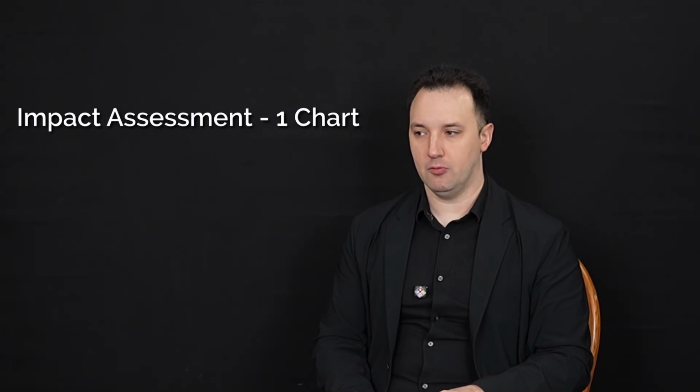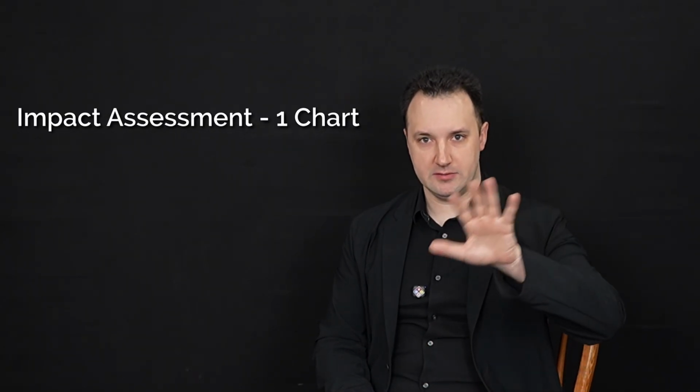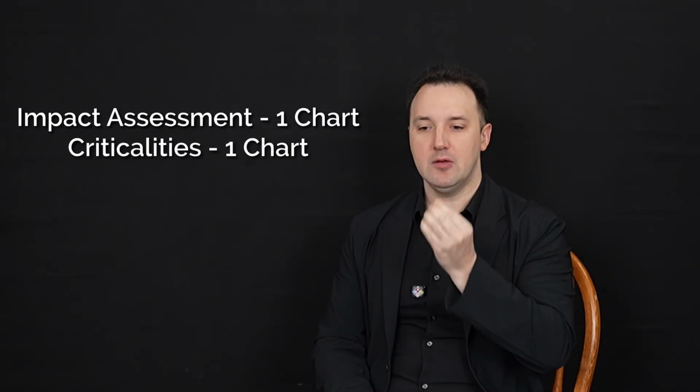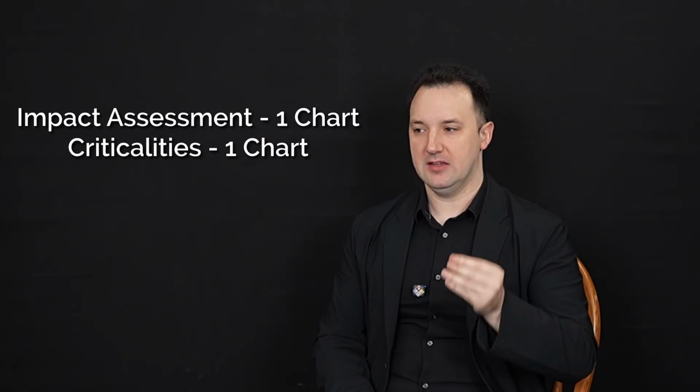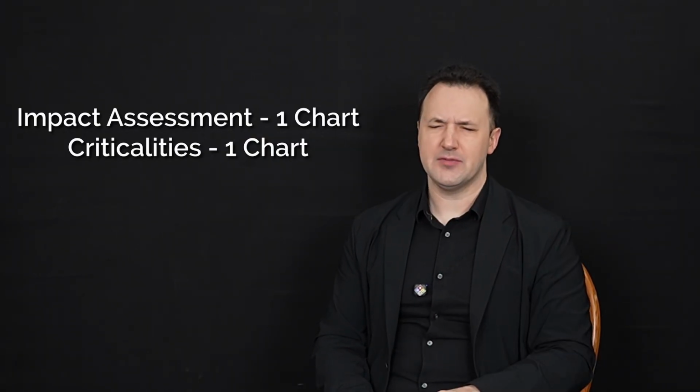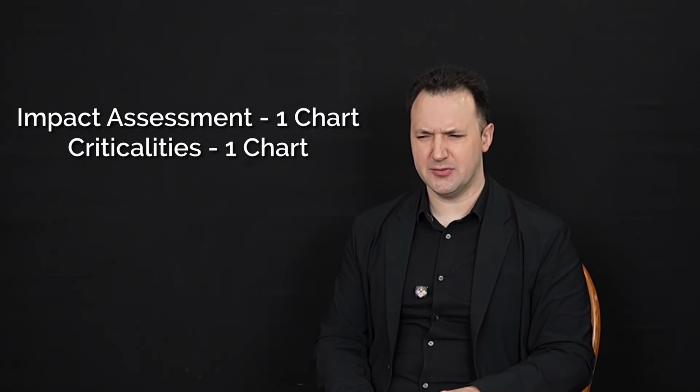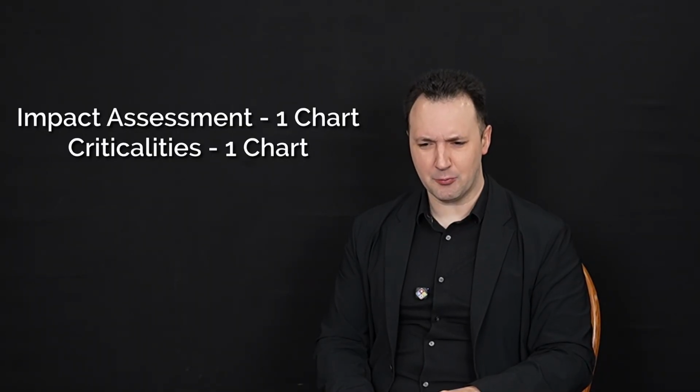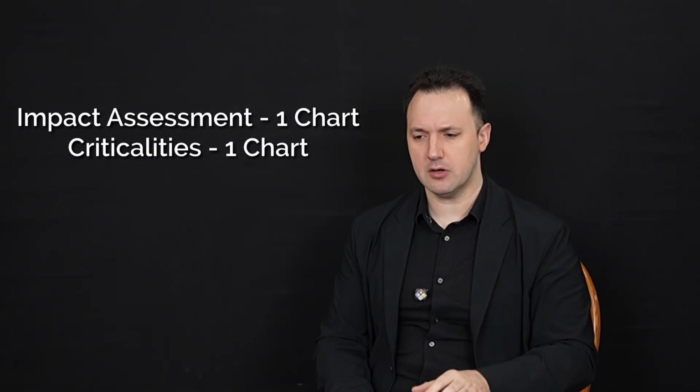When you get through the end of this, what you should have is, depending on the amount of detail, a one-page or one chart that is the impact assessment, a one-page or one chart that is criticalities. You might have a second chart in criticality just to define what the things actually mean for reference, but the data point's really one chart.